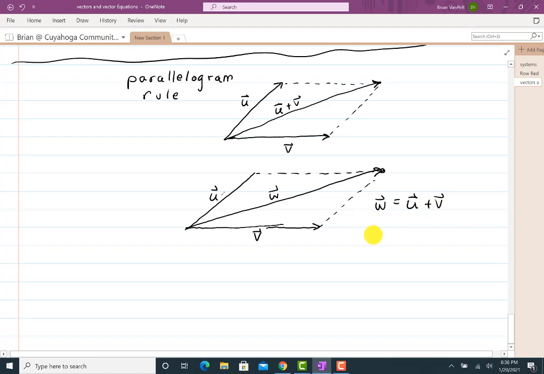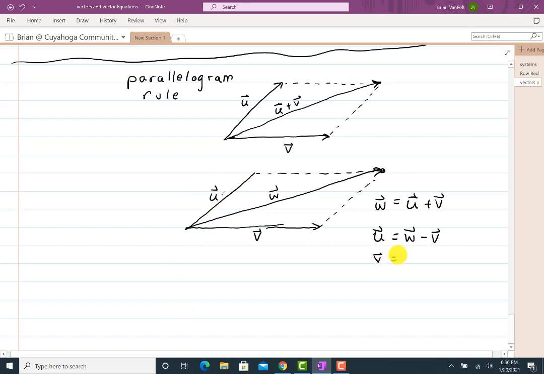That means that U equals W minus V. So when I draw a picture here, notice here's my W, here's my V. W minus V equals this one out here. And I can change this also.